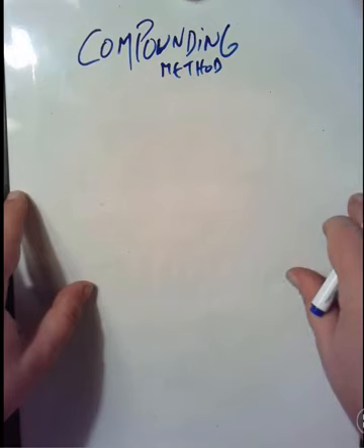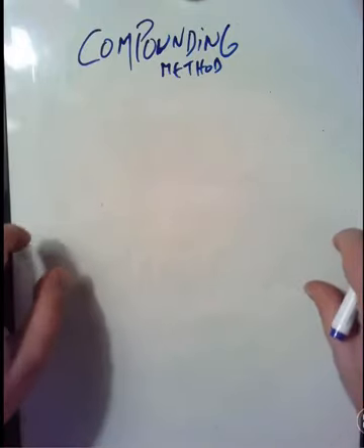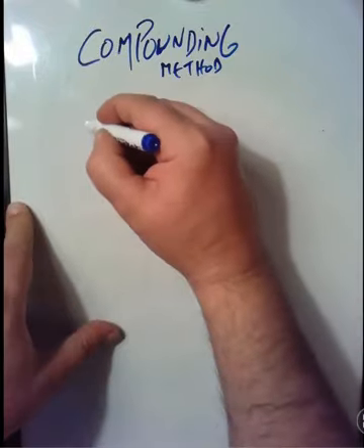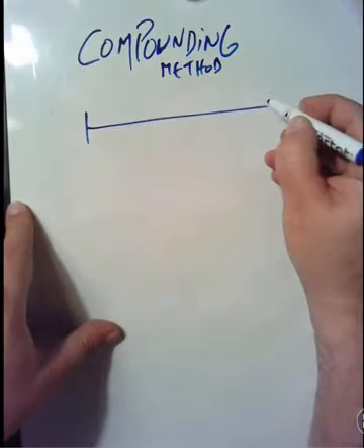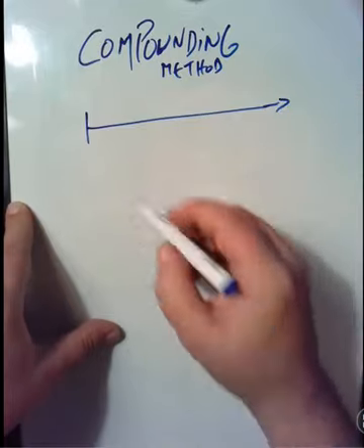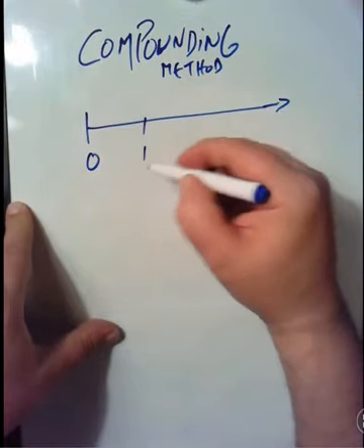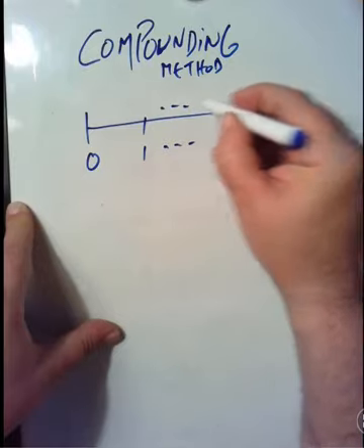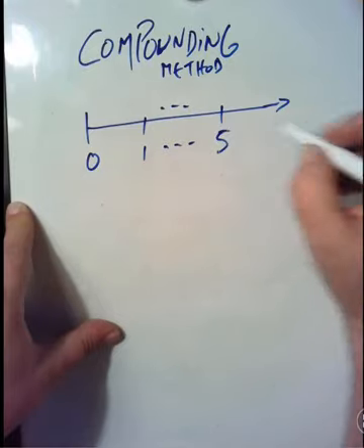If the question does not say this phrase, then you are to use the compounding method. So the compounding method is the foundation of this course. Now, let's again focus on a timeline. Let's say that now we have 5 years.